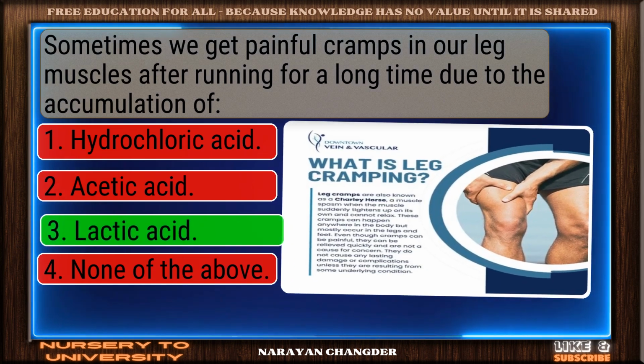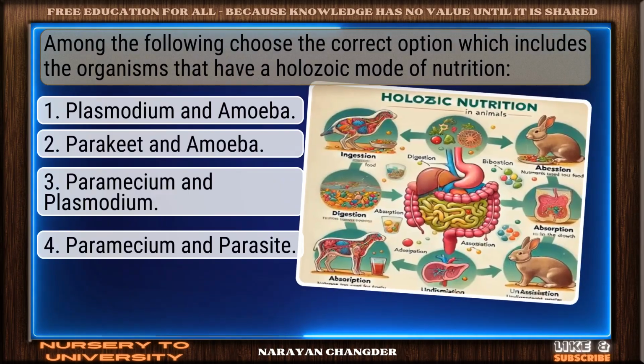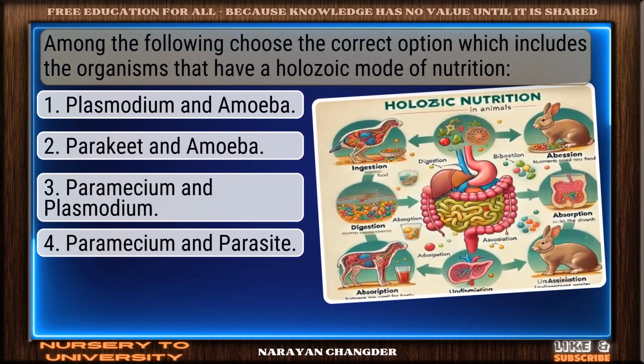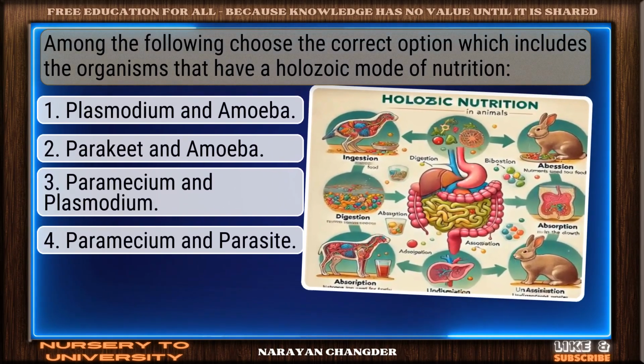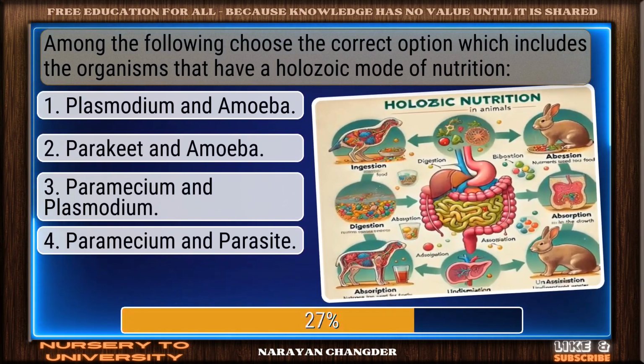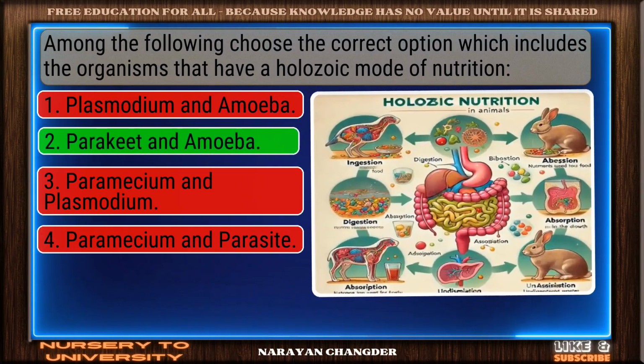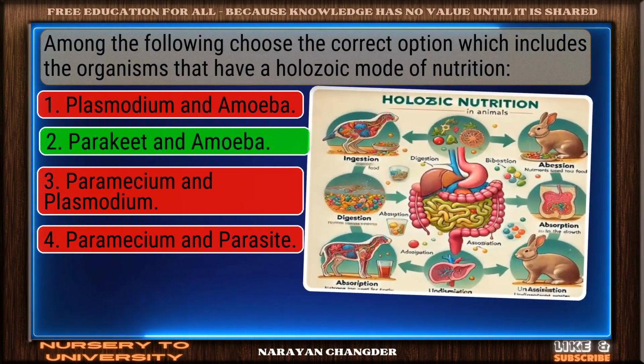Lactic acid makes sense. Among the following, choose the correct option, which includes the organisms that have a holozoic mode of nutrition. You're right. Paramecium and amoeba is correct.